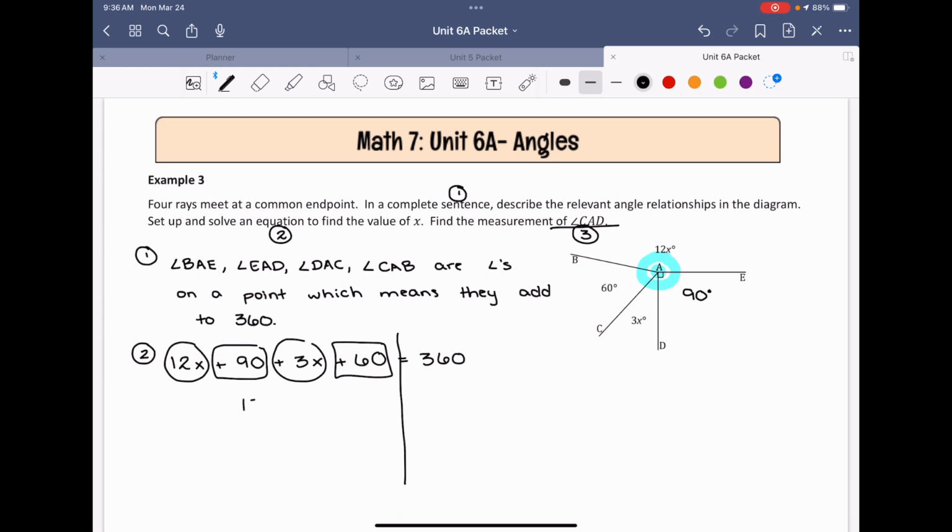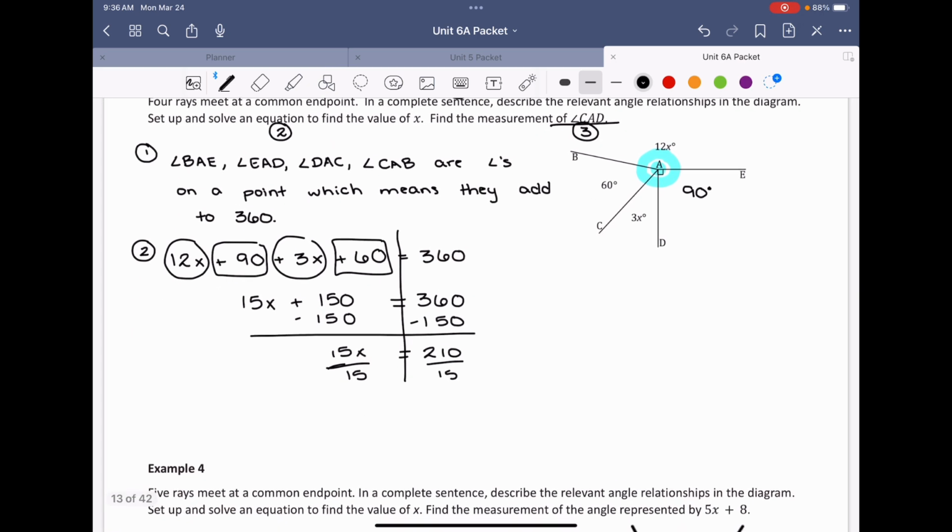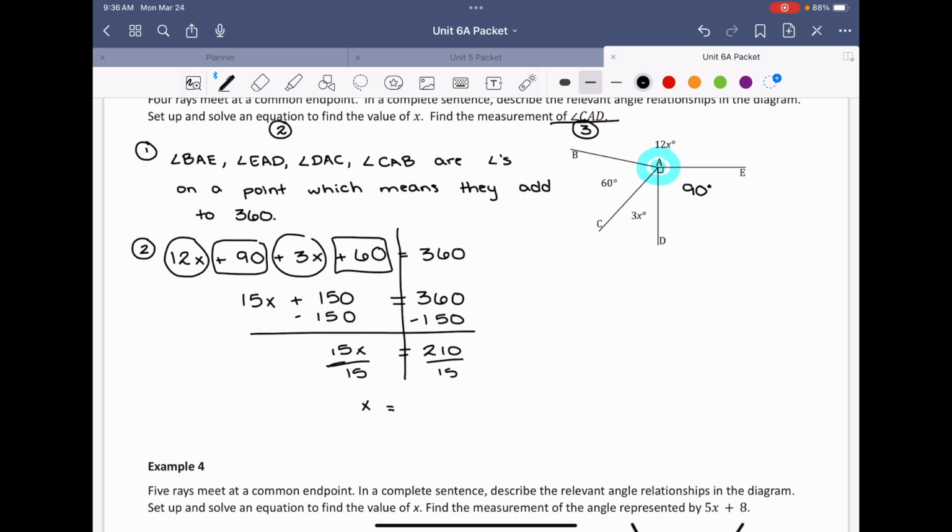So I've got 15x plus 150 equals 360 minus 150 on both sides. 15x equals 210. And divide both sides by 15. X is going to be 14.